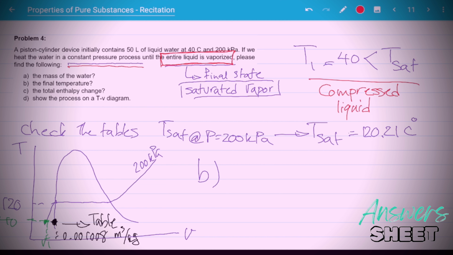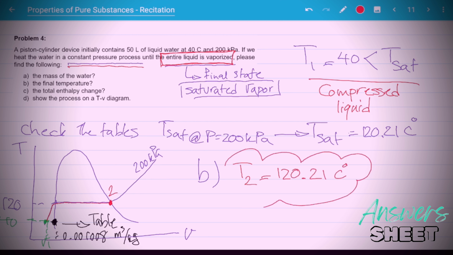So we are following the constant pressure line like this until we hit the saturated vapor scenario, right? So this is our second or final state. Now the temperature of this second state, we already checked with the tables, is the saturation temperature of 200 kilopascals pressure, which is 120.21 degrees Celsius. Easy peasy.